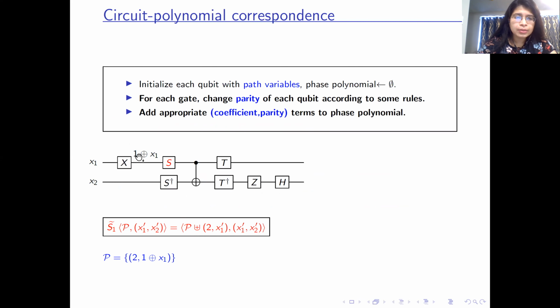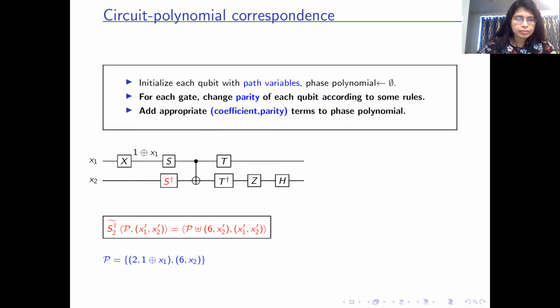Here x1' is equal to 1 ⊕ x1, that is the state of the qubit before the phase gate acts. This is essential in order to track where the phase gate acts in the circuit. And 2 is the coefficient, a multiple of the pi by 8 term, the phase term which gets added to the phase of the state of the qubit. Now, when the S dagger gate acts, we add 6x2.